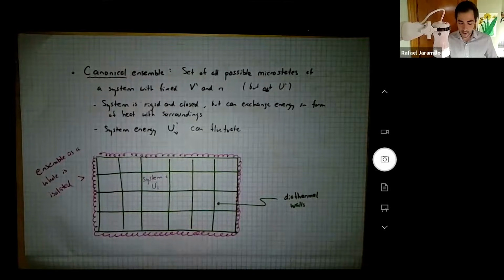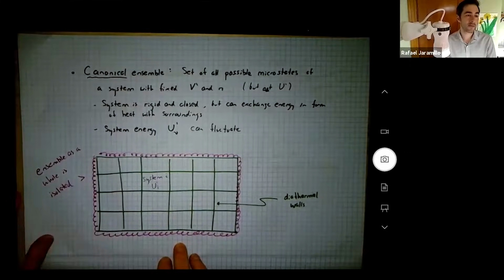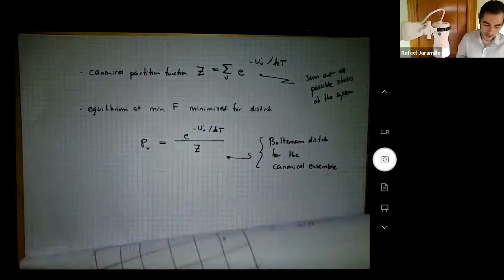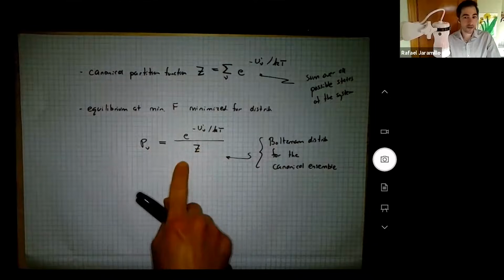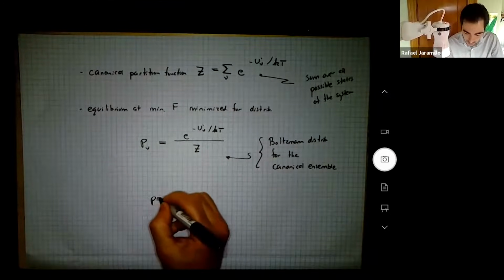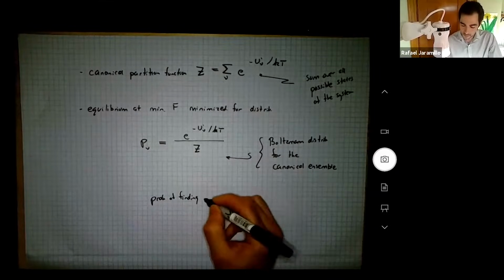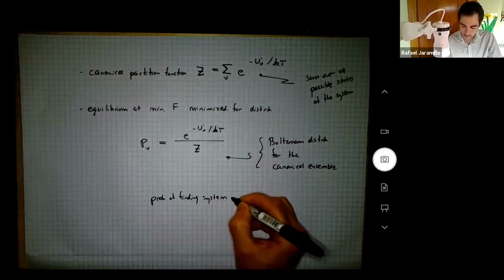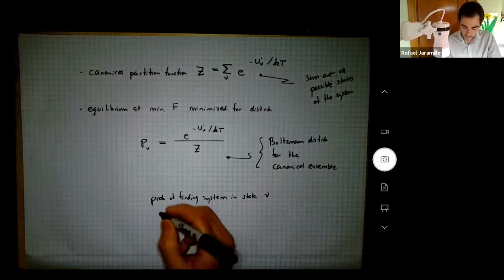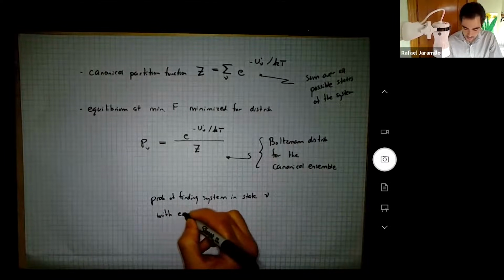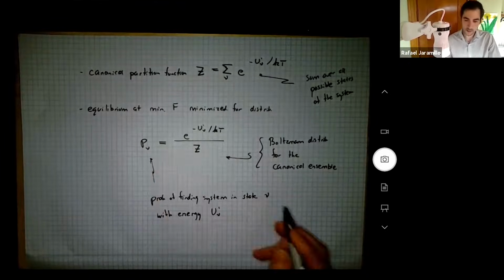We've set up an ensemble of subsystems that reach thermal equilibrium with each other because they can exchange heat energy. It all works out. You end up getting minimum F for this distribution. This is the probability of finding the system in state nu with energy U of nu. That's what that probability is.